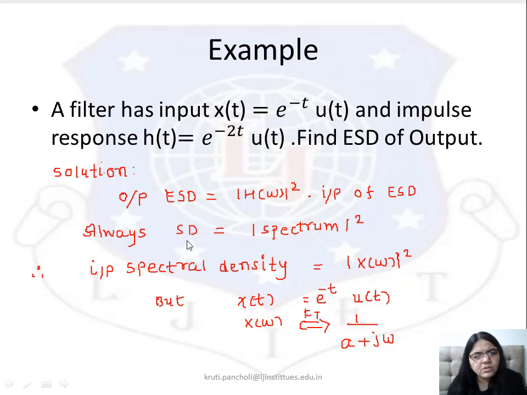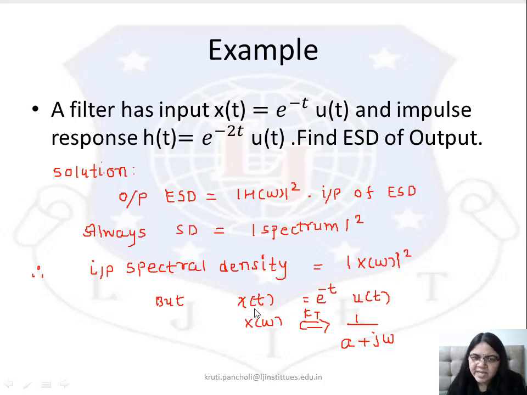So we know that spectral density is the amplitude spectrum whole squared. The input function is x(t), the Fourier transform of x(t) is X(omega), and the spectral density is modulus of X(omega) whole squared.